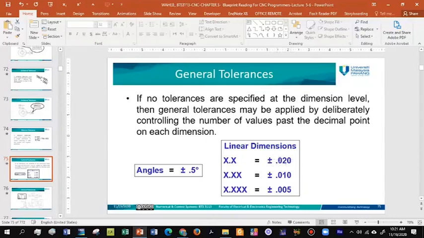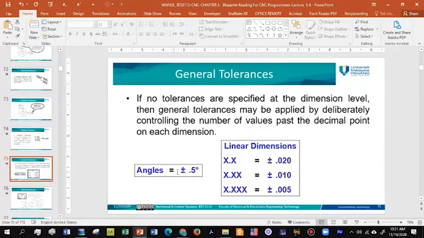So any dimension in the drawing which consists of 1 point something or 2 point something, just one digit after the decimal point, will have a tolerance of, for example, plus minus 0.020, like the bilateral tolerance.